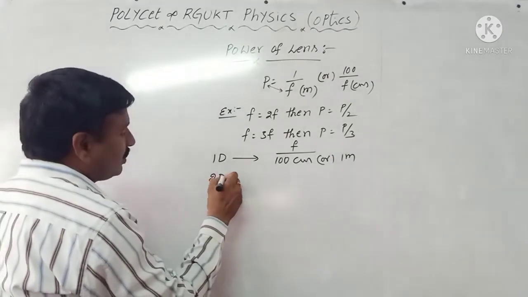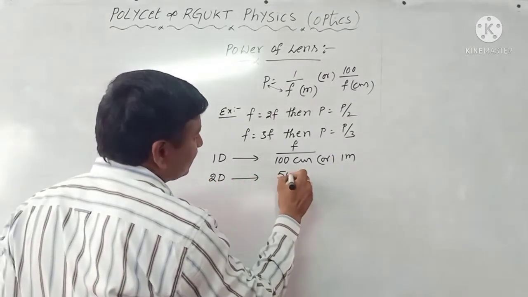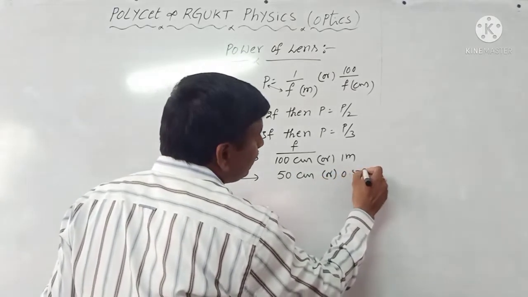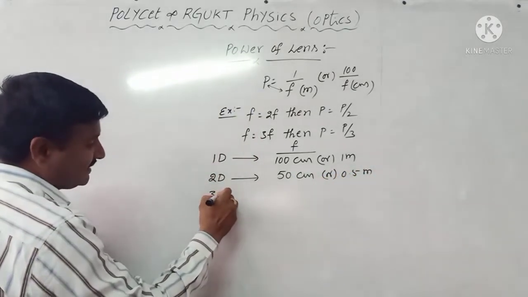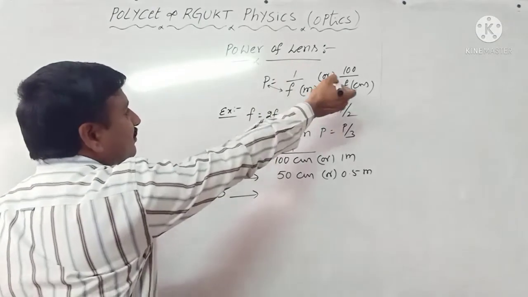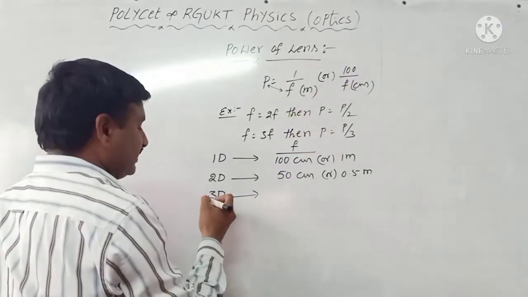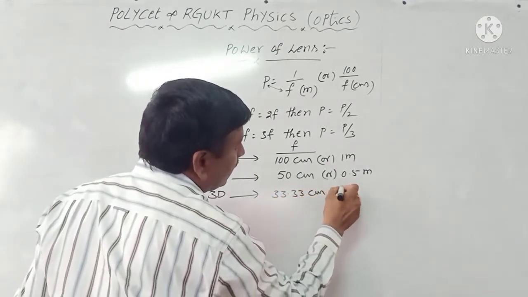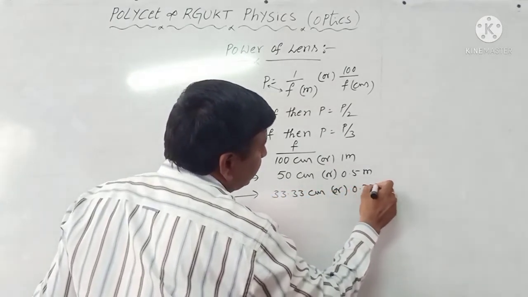A doctor advised a 2D lens: it is 50 centimeters or 0.5 meters. A 3D lens: substitute 100 by 3, that means 33.33 centimeters or 0.33 meters.